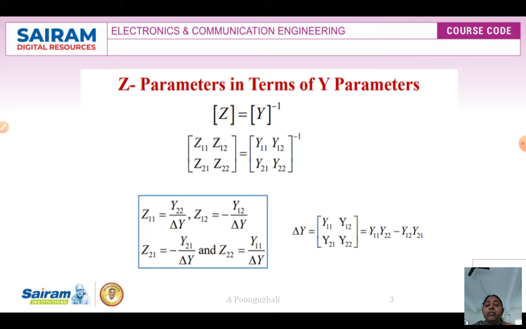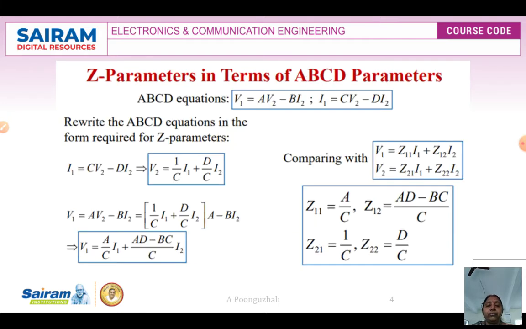We will get Z11 is equal to Y22 by del Y, Z12 is equal to minus Y12 by del Y, Z21 is equal to minus Y21 by del Y, and Z22 is equal to Y11 by del Y. Here del Y is the determinant of the matrix, Y11 into Y22 minus Y12 into Y21.